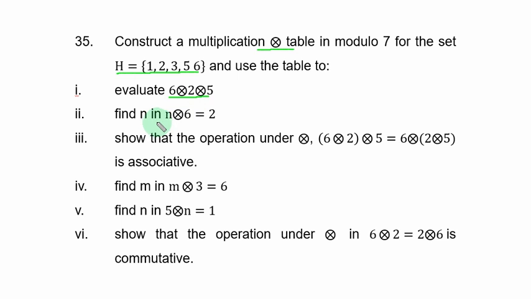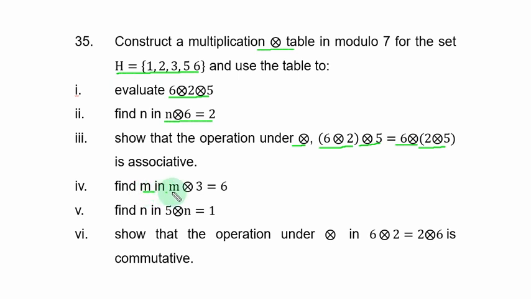Then find n in n times 6 equal to 2. Show that the operation under multiplication, bracket open 6 times 2 bracket close times 5 is equal to 6 times bracket open 2 times 5 bracket close, is associative.